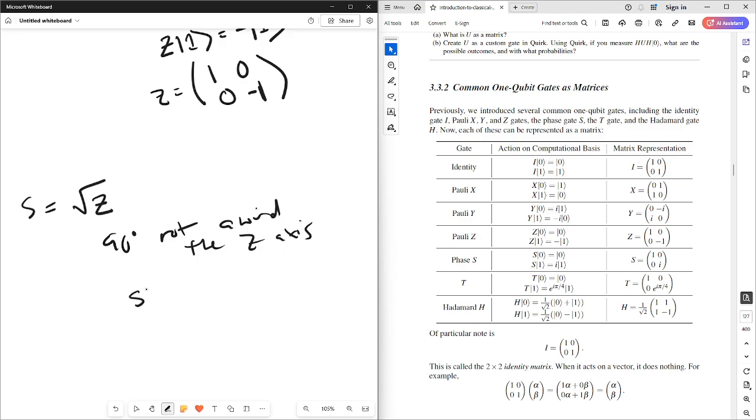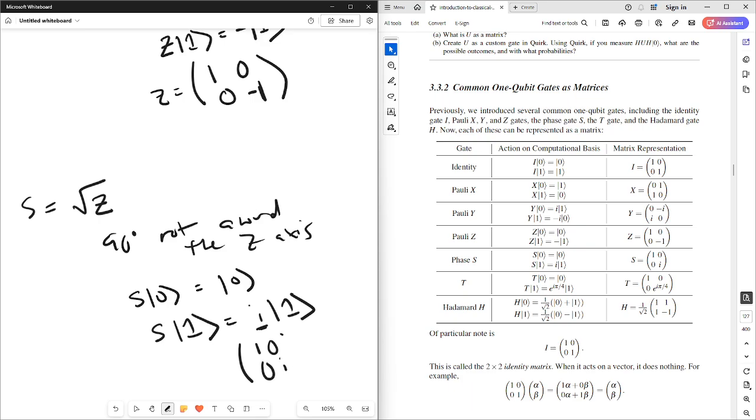It does the same thing with 0, where it maintains state 0, leaves its amplitude the same, and for 1, we wind up with multiplying the amplitude for 1 by imaginary I. Very similar to its father, the Z gate. We have 1, 0, 0, and then I instead of negative 1.